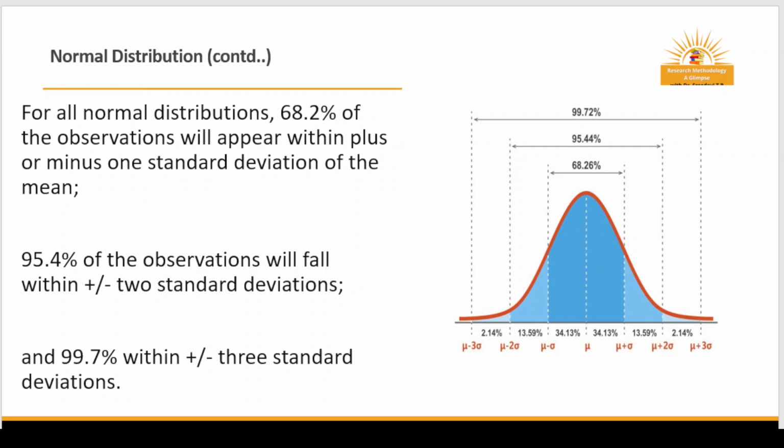I will explain this with an example. Height of middle-aged women is found to be normally distributed with a mean of 160 centimeters and a standard deviation of 5 centimeters.